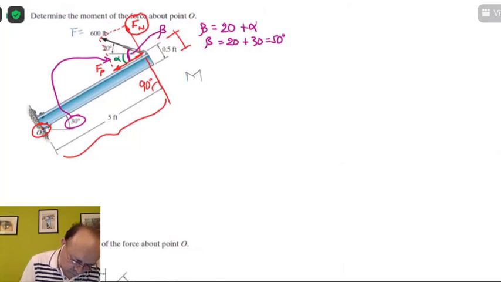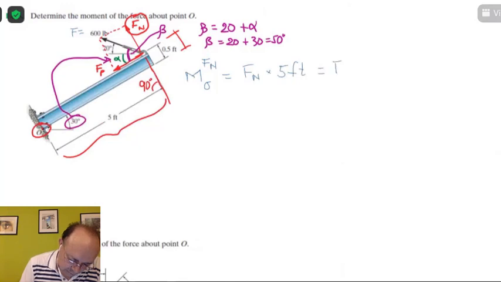Moment of the force, let's do it with the normal first. Moment of the normal force with respect to O will be equal to force normal times 5 feet.